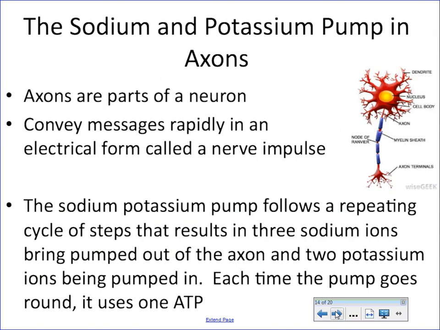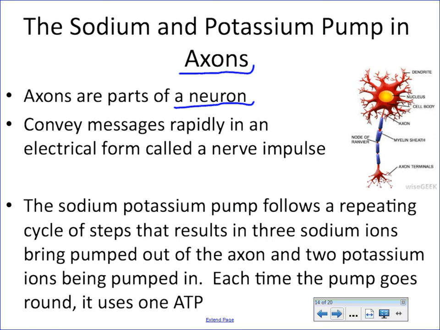So there are some specific examples that Ivy would like you to know about active transport and facilitated diffusion. And these both have to do with these pumps and channels found in the axons of neurons. So just as a little bit of background before we get into these specific examples, axons are a part of a neuron.